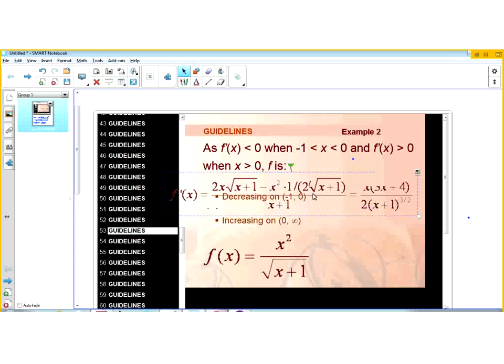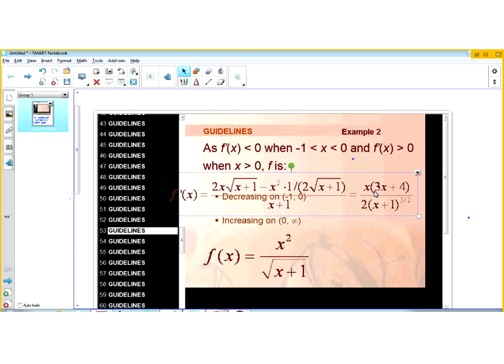I'll overlay it right here. So when x is between negative 1 and 0, exclusive, then this number is less than 0, right? Yeah, the derivative will be less than 0.